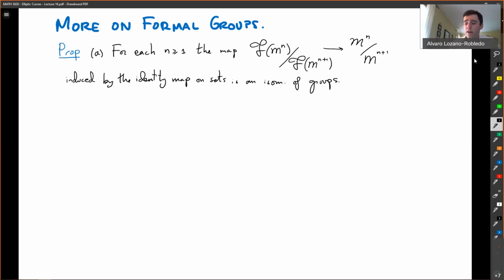So the map here is just going from, remember that the underlying set is still just the maximal ideal, or in this case, the nth power of the maximal ideal, that's the underlying set, right? So I can actually send just the element z to the element z on the other side, and that will give me a map. And this is saying that this is actually an isomorphism of groups.